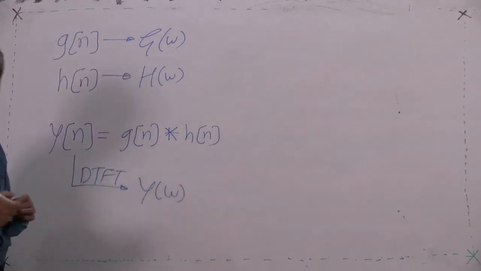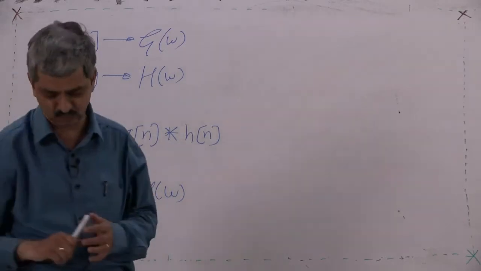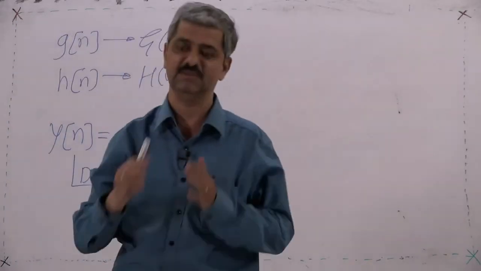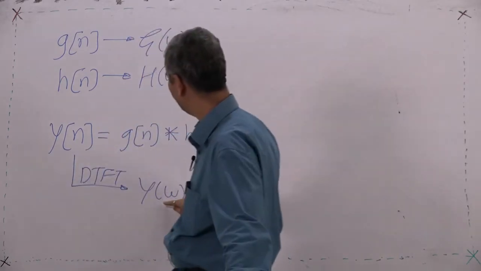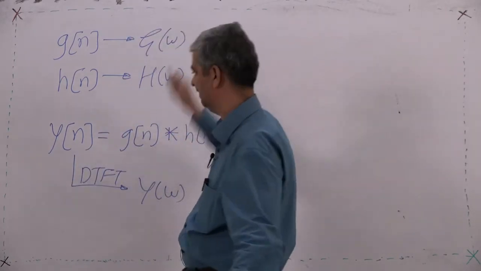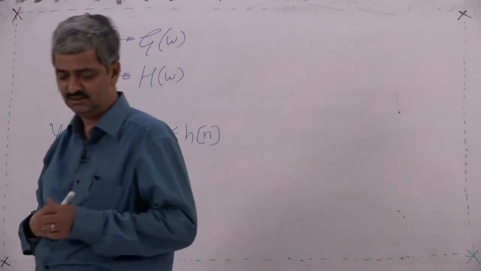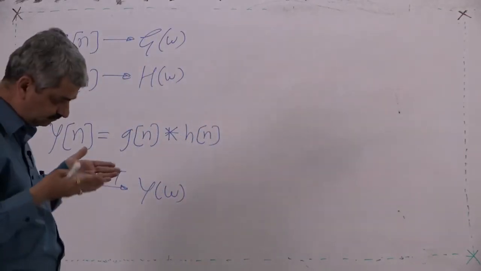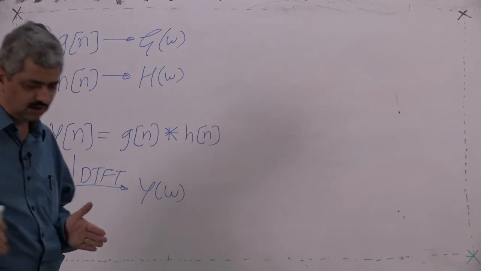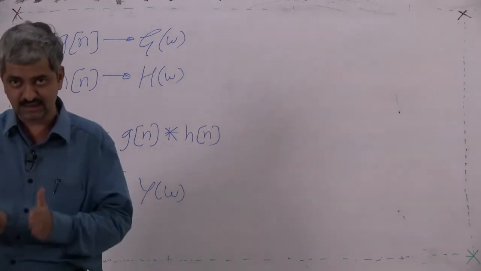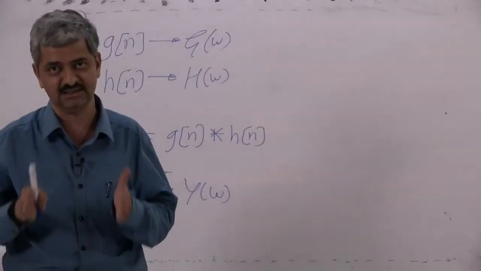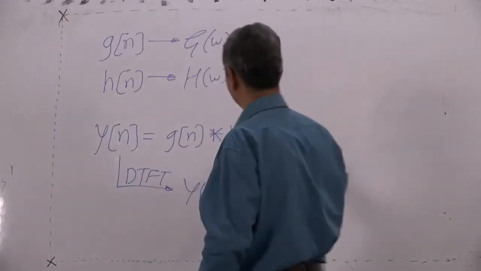So what is the relationship, how is y omega to be found out from g omega and h omega? So we want the DTFT of the convolution of two sequences. Two sequences are there, we convolve them, convolution is most of the times needed in our discrete time systems, and we go for its DTFT.